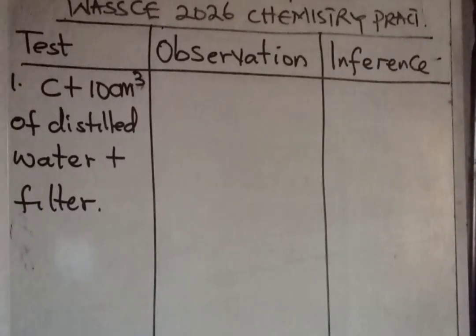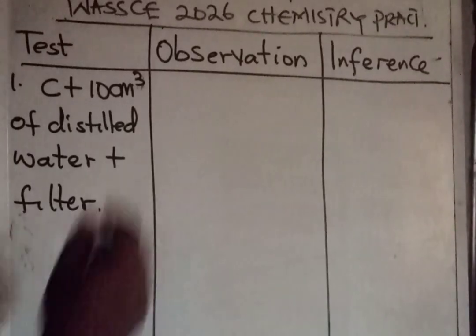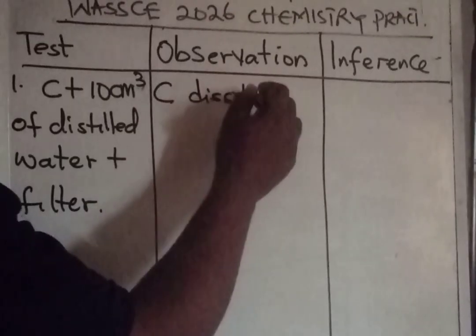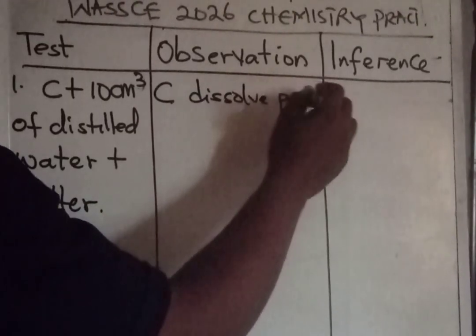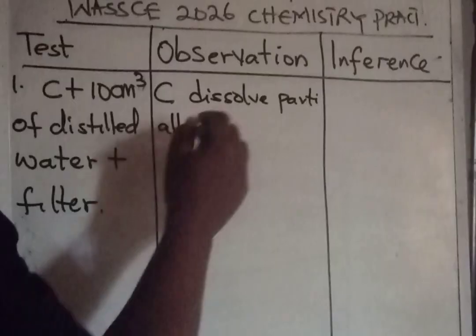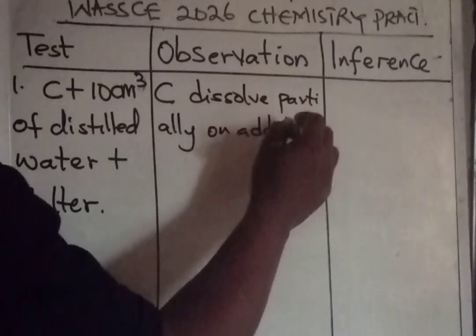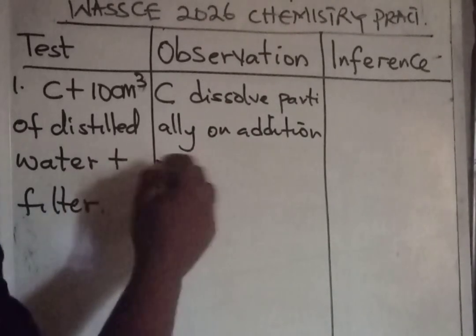Because of the nature of the chemical samples we're analyzing, the 2 substances which we were told should be mixed in the ratio of 1:1 are sparingly soluble compounds. So they will dissolve partially. So we have under observation: C dissolves partially on addition of water.